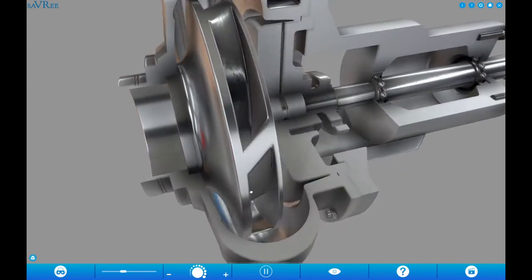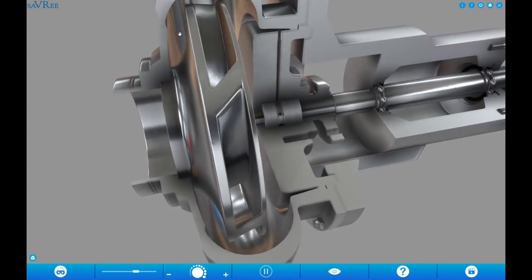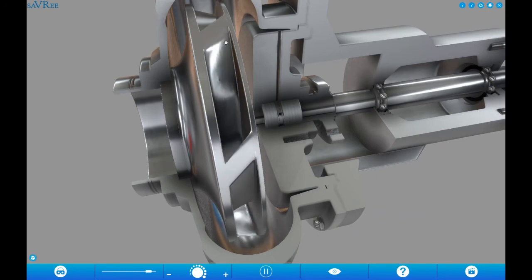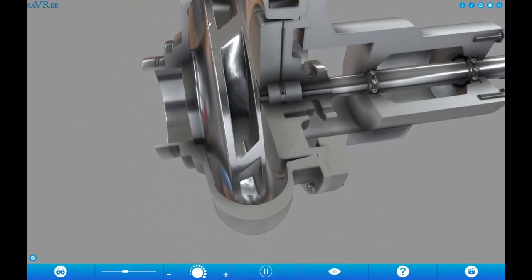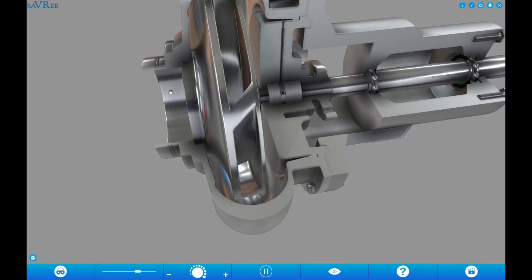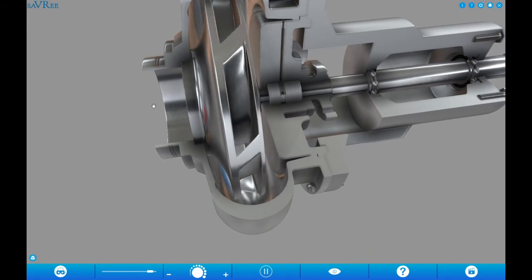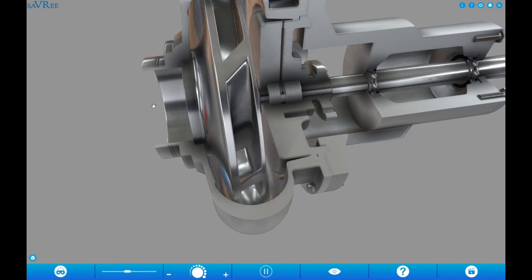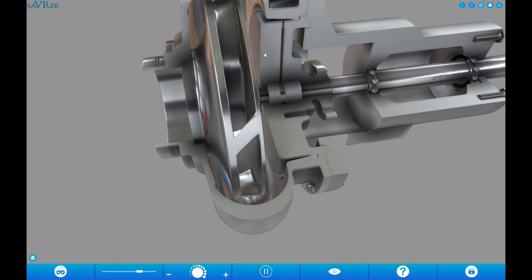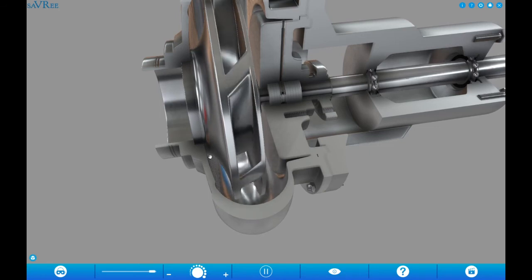This ring makes sure that no water from this high pressure zone leaks out, because all the water in this zone will be at high pressure compared to this zone, because this is the suction. You are taking the water inside from a low pressure point, and then the impeller is rotating and increasing the pressure.